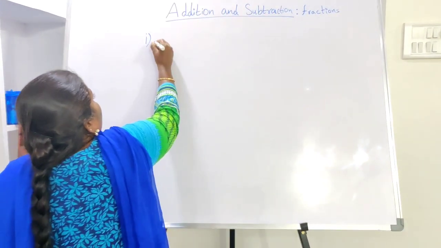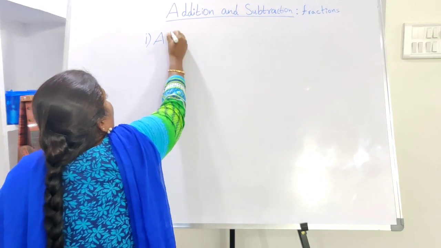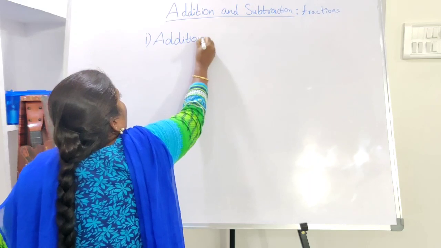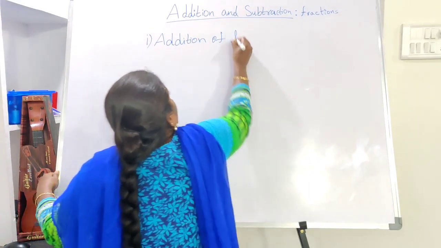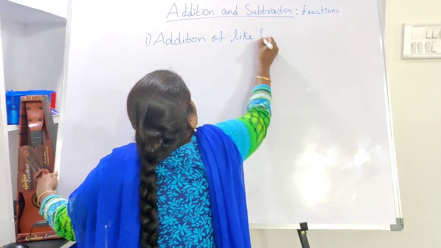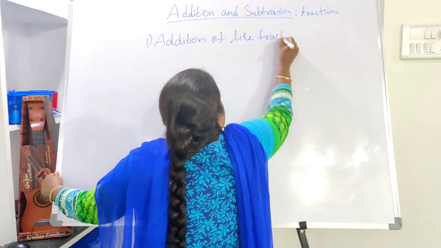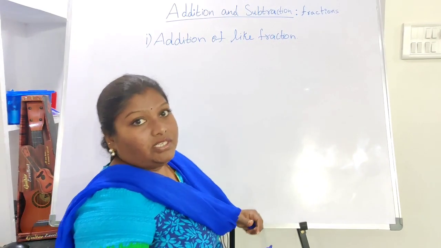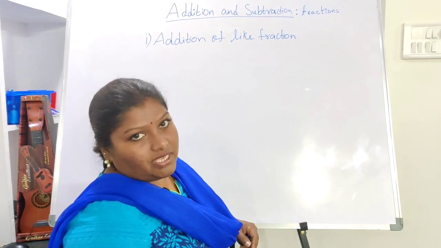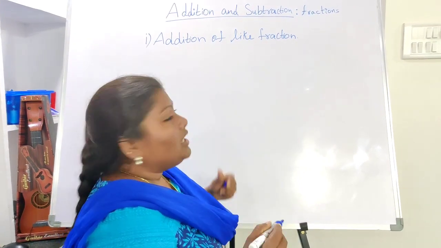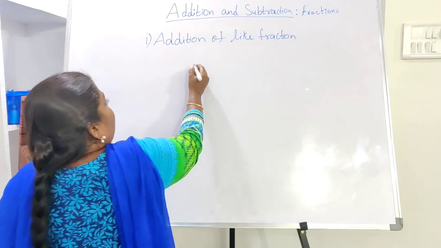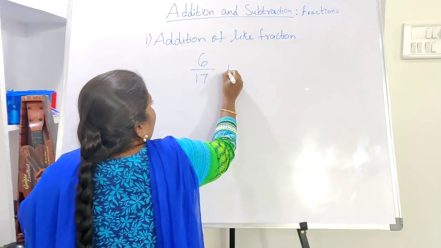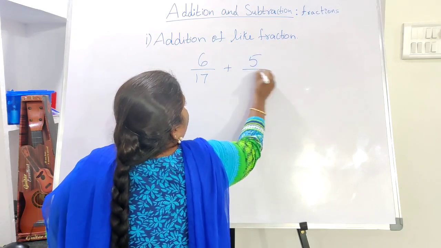So first I'll be explaining about the addition of like fraction. I already explained the like fraction: fractions having the same denominator are called like fractions. For example, 6 by 17 plus 5 by 17.